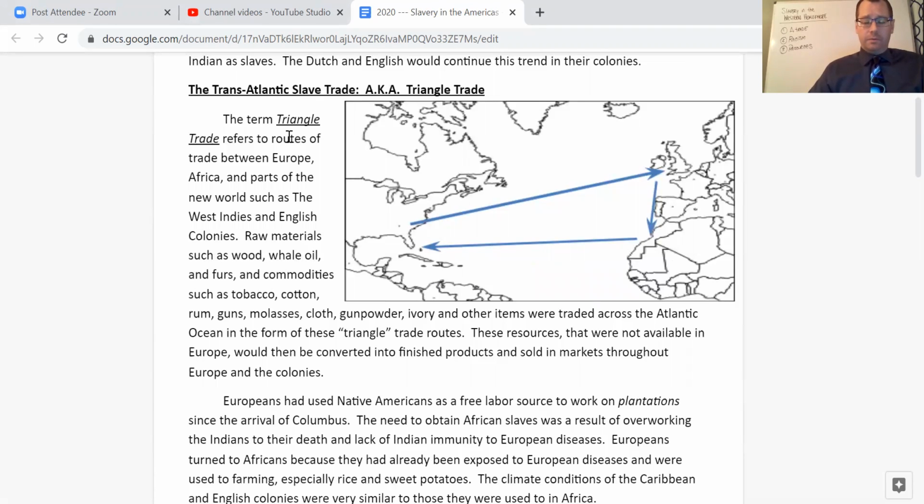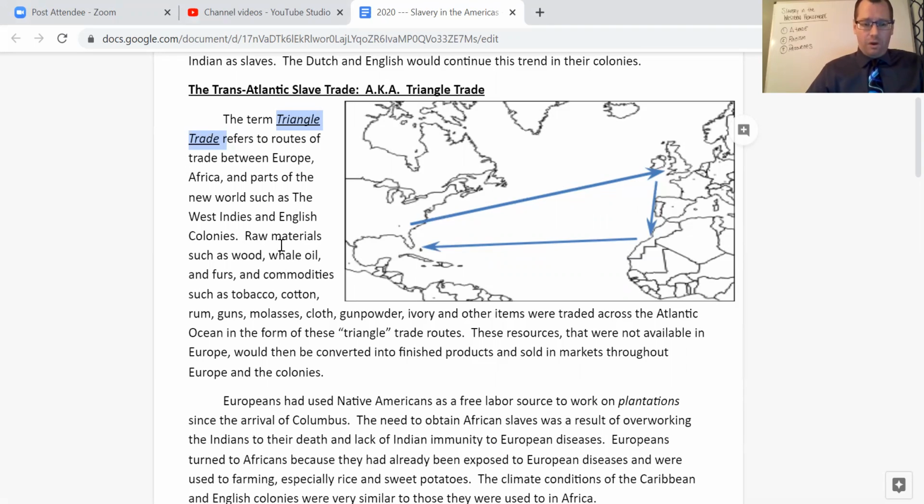What develops, though, because of mercantilism and this interest in profiting at all times for the homeland, is triangle trade. This is the trade route between the Western Hemisphere, the colonies, Europe, and Africa, and how that works out. Now, there were multiple triangles, but this is the one that we want to really focus on.